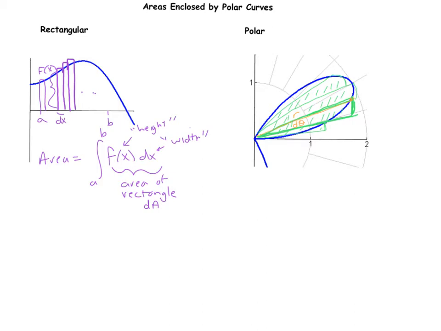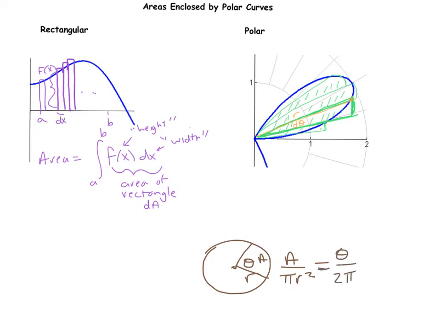So let's remind ourselves about what the area of a sector is. Here's a circle, right? Some proportional reasoning can tell us, well, if that's the central angle, and that's r, and I'm interested in that area, well, the area of the sector is to the area of the entire circle, pi r squared, proportional to the angle over the number of radians that a circle completes, which is 2 pi.